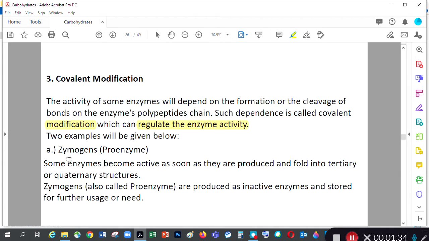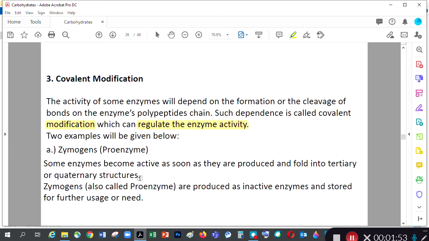We have zymogens. Zymogens are proenzymes. Some enzymes become active as soon as they are produced and fold into tertiary or quaternary structures.